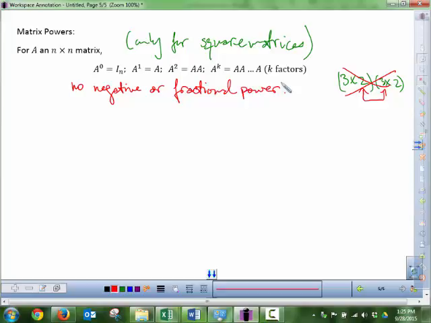So negative, remember, is like a reciprocal. So we'll define the idea of a reciprocal later. That might make sense for us. And then a fractional power is like a square root, where that wouldn't make sense for us yet either. But for now, let's just think about it as positive integers, including 0, with that special definition for 0.